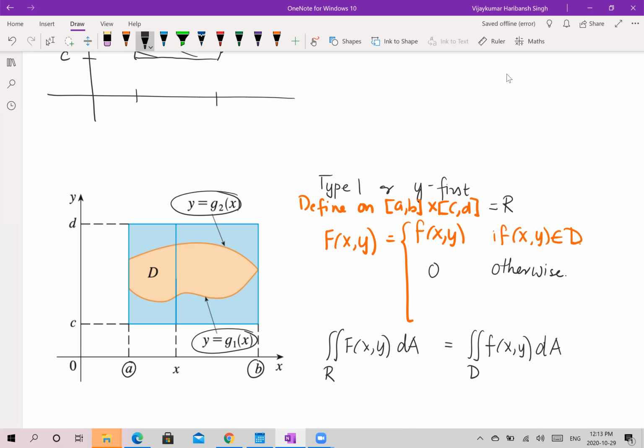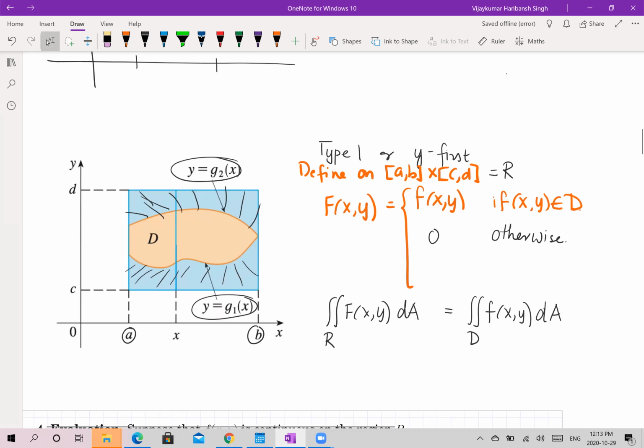Because outside this domain D, the function is 0. So if you think in the sense of volume, the contribution of that is going to be 0, right? So these two integrals are equal.